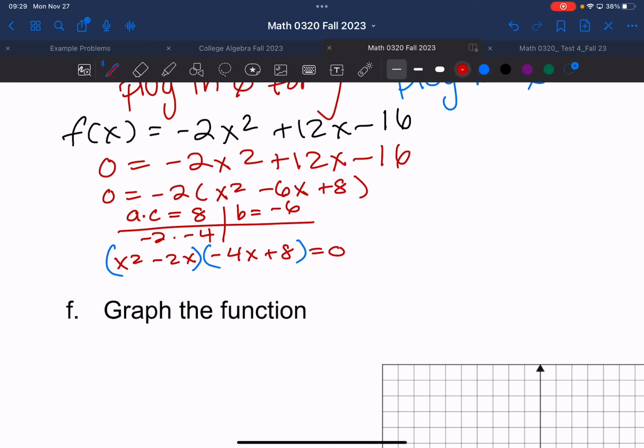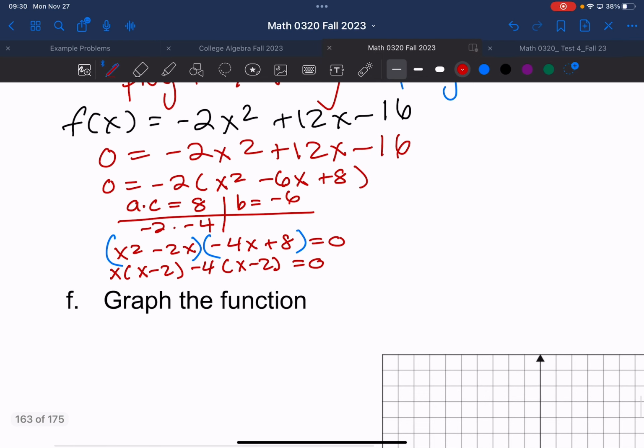Then I do my factor by grouping. What can I take out of the first one? An x. So I have x and then x minus 2. And what can I take out of the second one so they match? Good, negative 4, so I'm left with x minus 2 equals 0.